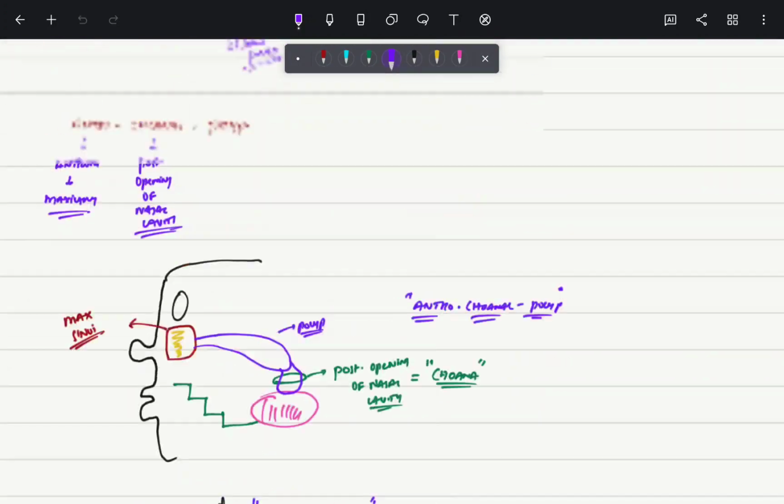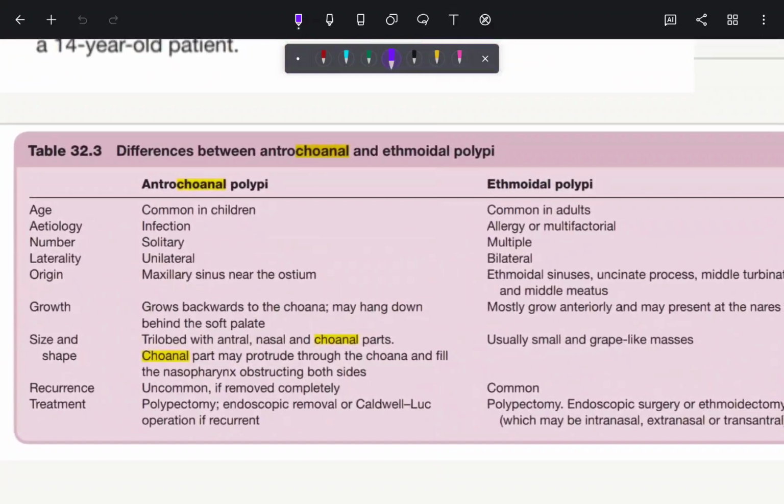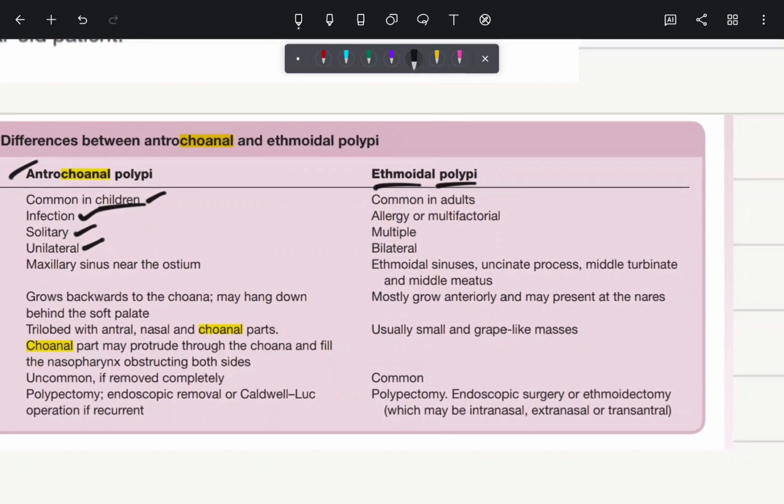Now, before ending this chapter, I would like to show this small table. So here are the differences. As you can see, antrochoanal polyp is commonly seen in children. It is due to infection, and they are solitary and unilateral. Whereas in the case of ethmoidal polyp, it is seen in adults.